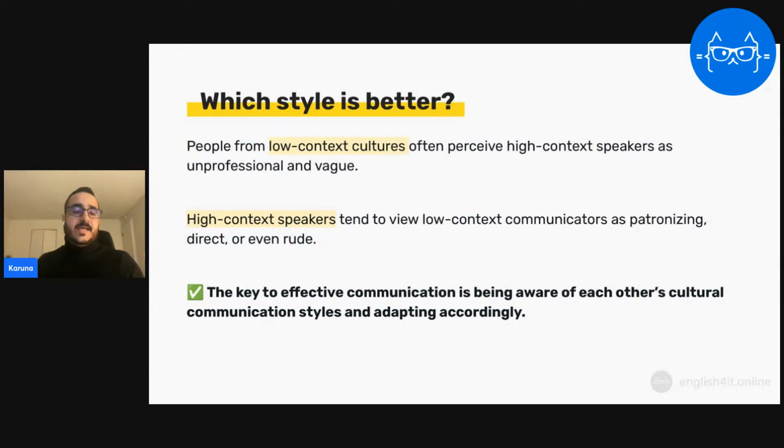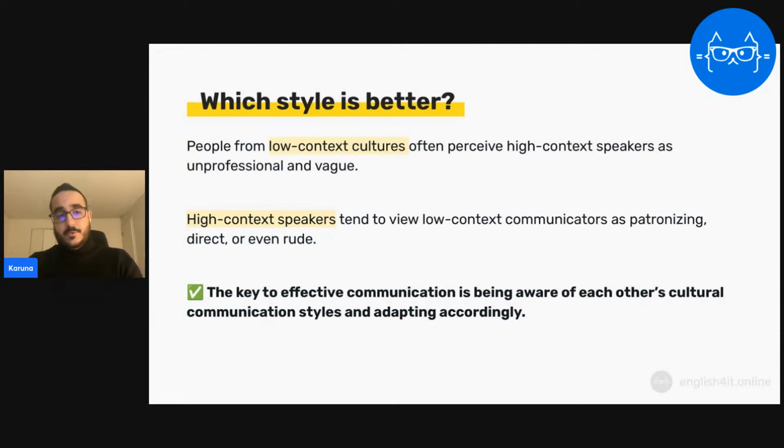And I often get asked which style is better, right? And when it comes to communication, it's a question of preference, and it's a question of what's effective for that given region, right?